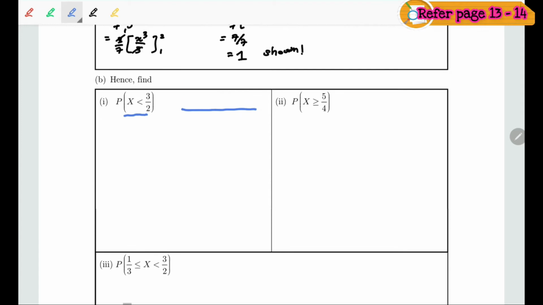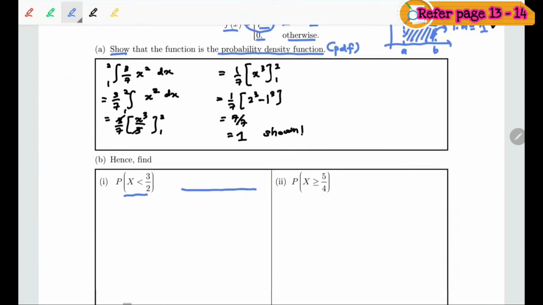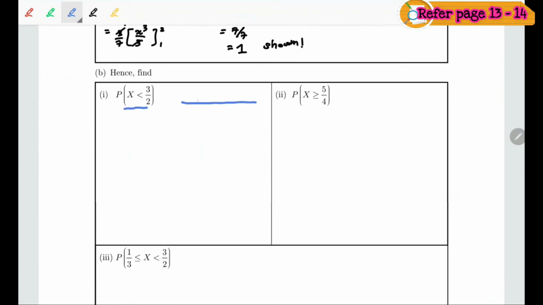Since the lowest limit is 1 and the uppermost limit is 2, and we have only one non-zero function, with 0 otherwise, jot down the 3 over 2. This means the question asks to find the total area from 1 until 3 over 2.